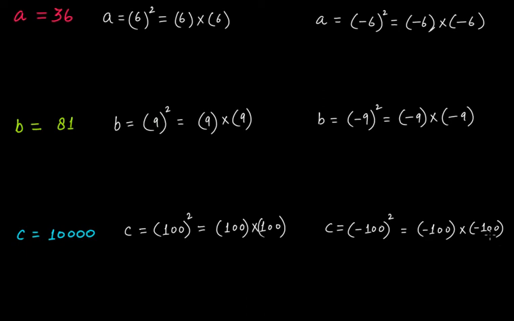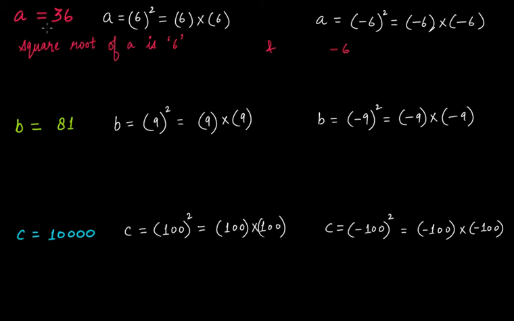Now, since A can be written as 6 multiplied by 6, therefore the square root of A is 6 and minus 6, because 6 multiplied by 6 we have in pair, and minus 6 multiplied by minus 6 is also in pair.